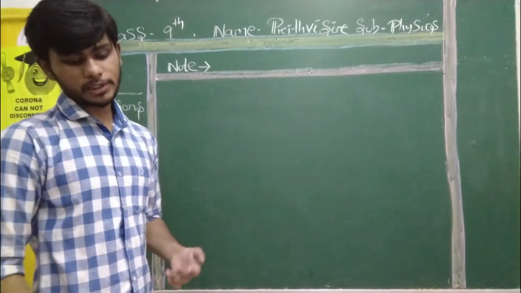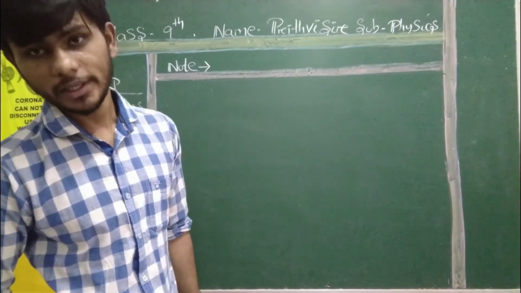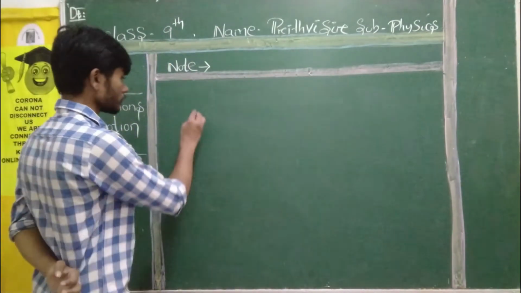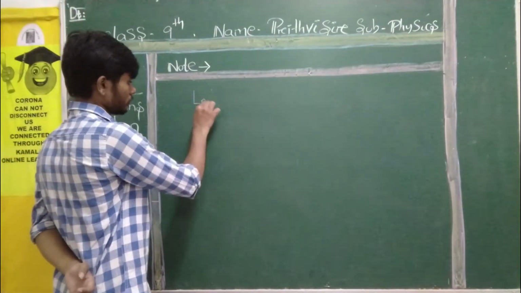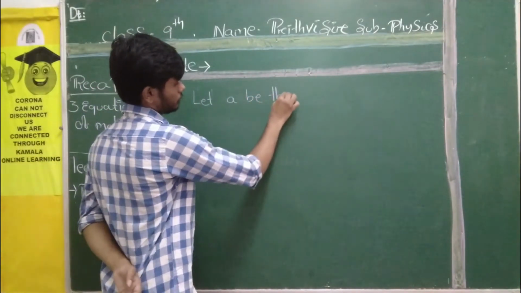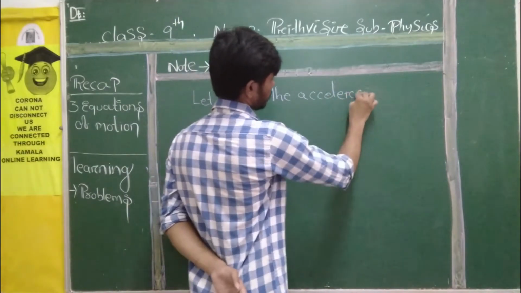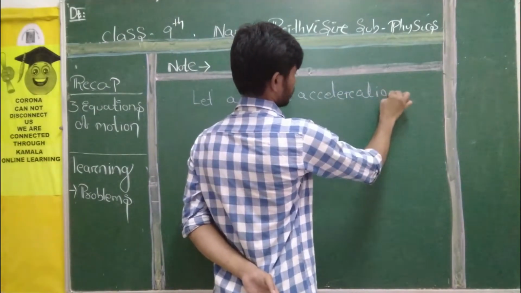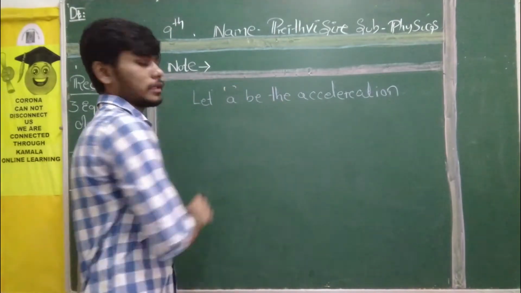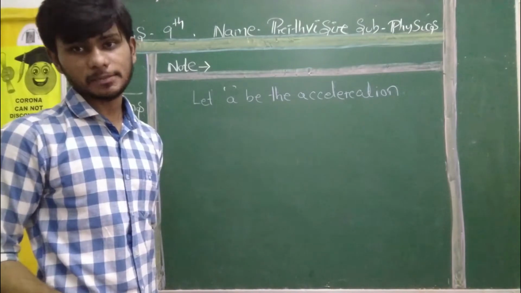Solution. Let A be the constant acceleration and S be the distance between 2 points.